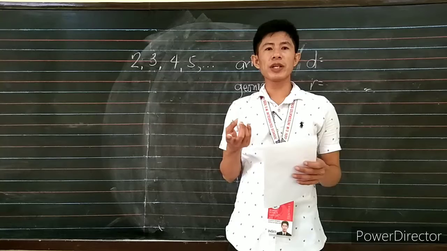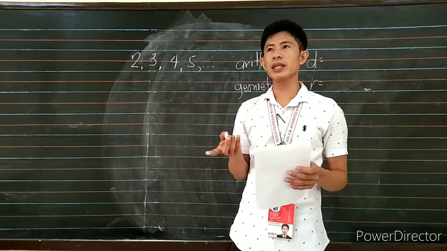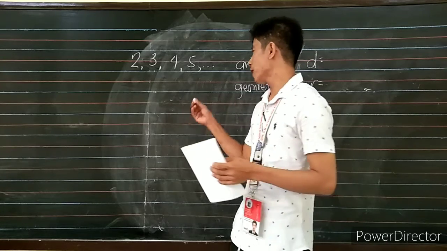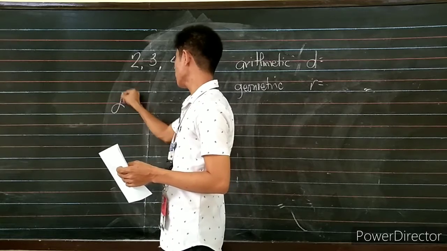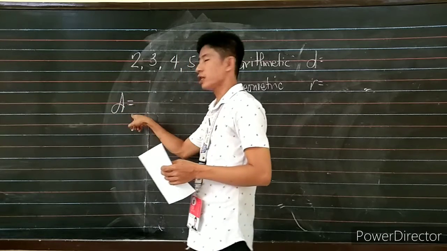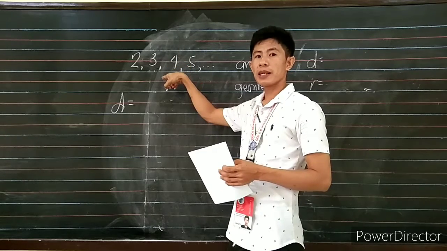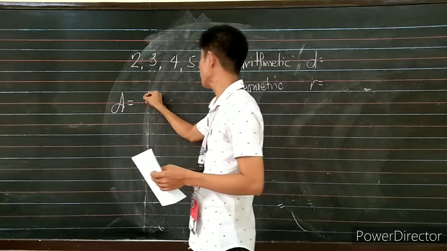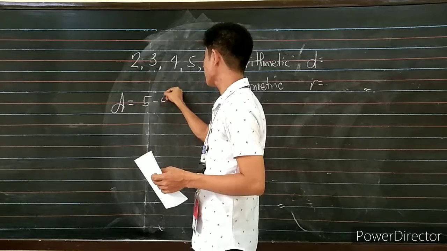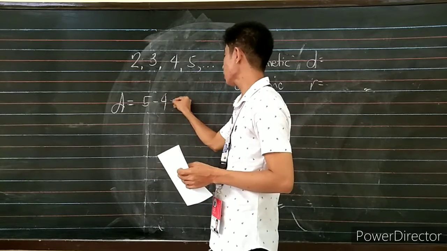If you're going to recall our discussion last meeting, we can find the value of D, or the common difference, as D is equal to the last term minus the preceding term. So we have 5 minus 4, and that is equal to 1.